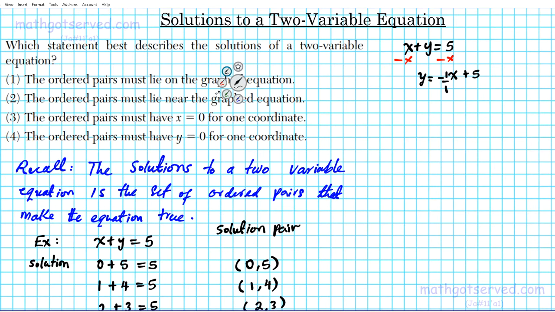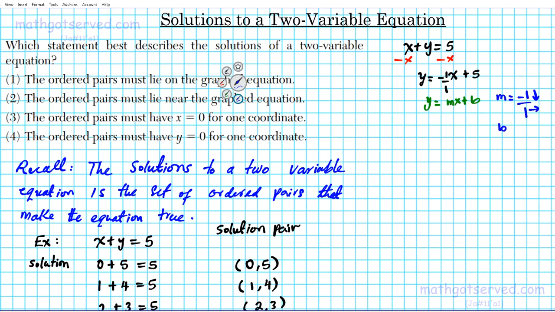So using the y equals mx plus b formula, we need our slope and y-intercept. Our slope, m, rise over run is negative 1 over 1, which means we're going to fall 1 and run 1. Where do we start from?